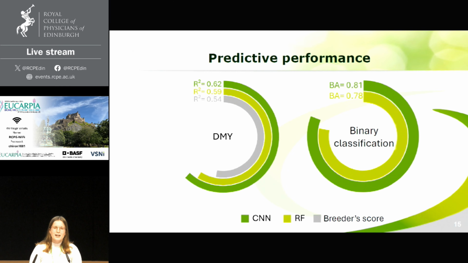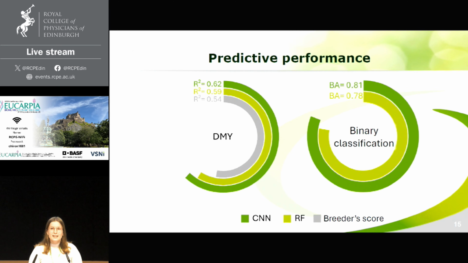I think that might have something to do with the objectivity I talked about before. I think the breeder score might be influenced by non-yield related factors, some of them useful, for example, signs of disease, but others may be a little bit less useful, such as subconscious biases like the performance of the previous plant or anything like that.